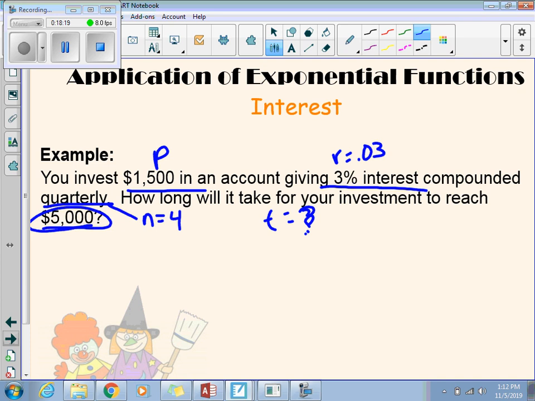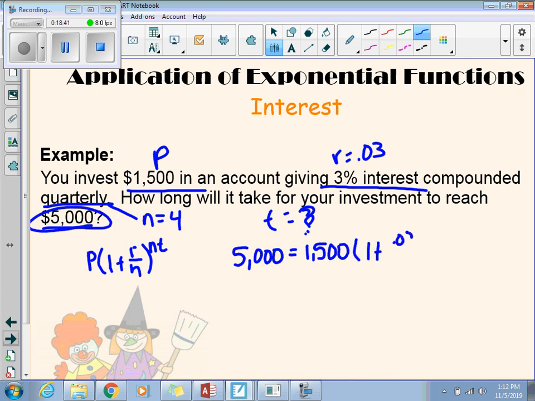Okay, so if we're compounding quarterly, remember we're using P times 1 plus the rate over the compound, to the nt. So we know that we want to make $5,000, and our initial was 1,500. So 5,000 equals 1,500 times 1 plus our rate, 0.03, over quarterly, which is 4, to the 4t.